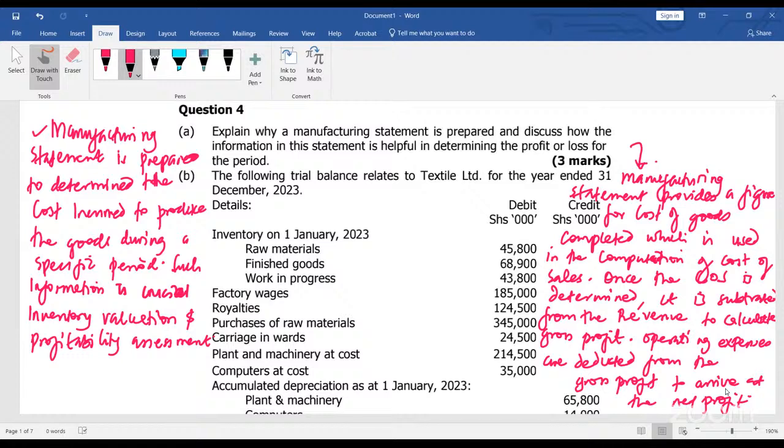Then we deduct the operating expenses from the gross profit to arrive at the net profit. So you see how useful that information is. That is part A, around 3 marks for that brief explanation.